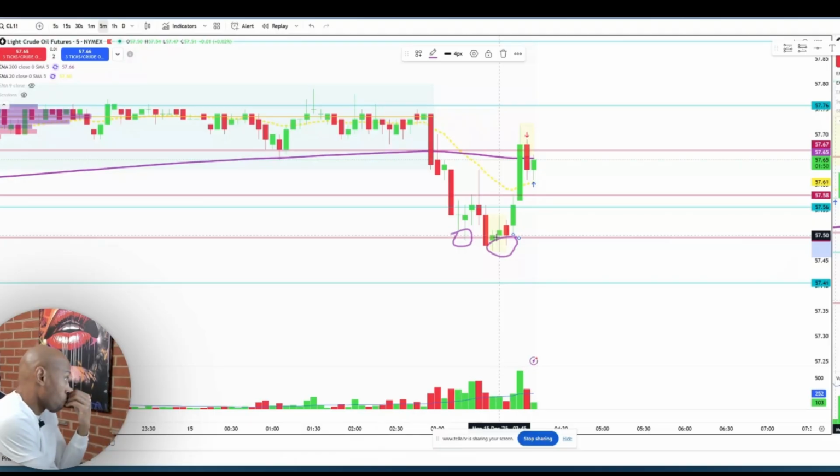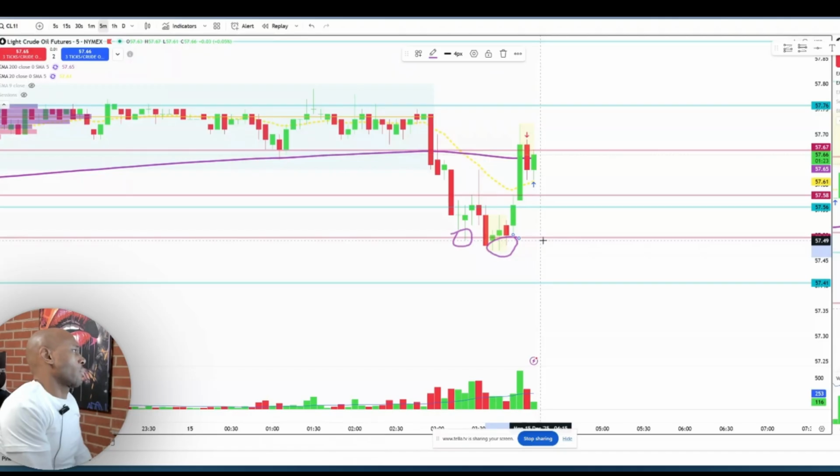When I saw the stall here, I could have taken it, because also once I drew that block, if it broke above that consolidation, I probably could have taken that, especially since it also broke above my 200 EMA or my 15 second. And I do use that as a trigger line. Either way, I didn't take it. Froze up, I guess. We're getting back into the market, so we're going to get better at that. And then it shot back up.